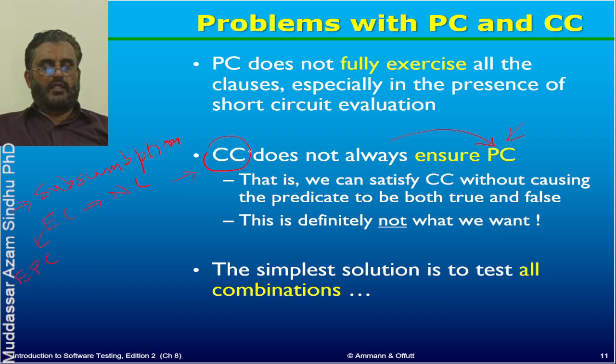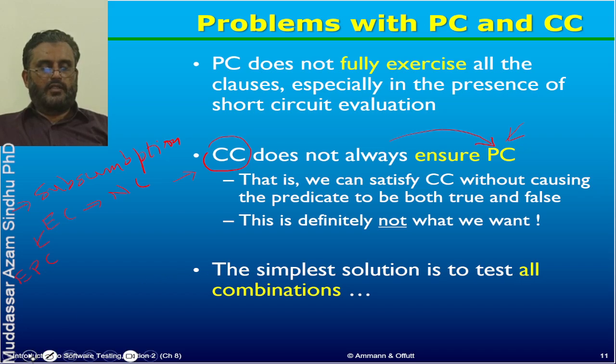So if you achieve clause coverage but don't achieve predicate coverage, then this can be a problem, because we want coverage criteria that have some kind of relationship to other criteria and can help testers. In that way they can say that if we have achieved clause coverage, and if it subsumes predicate coverage, then achieving clause coverage guarantees that we have also achieved predicate coverage on the predicate. So this is not what we want.